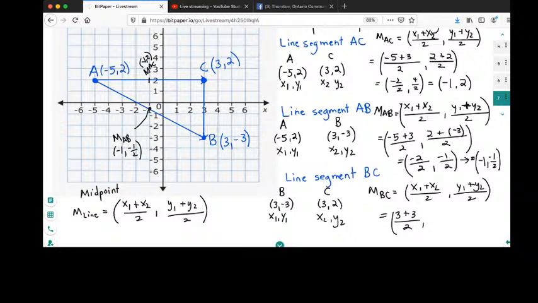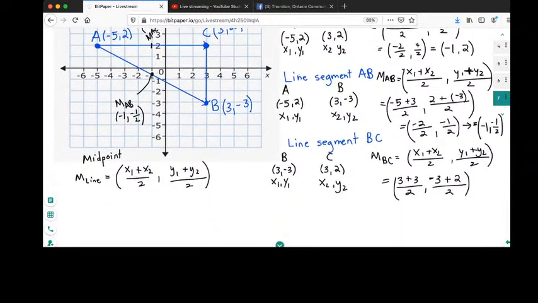And then we've got -3 as y1, plus 2, divided by 2. So 3 plus 3 divided by 2 is obviously 6 divided by 2, which is 3. And then we've got -3 plus 2, which is -1, and then divided by 2 is -1/2. So that's our midpoint for line segment BC.